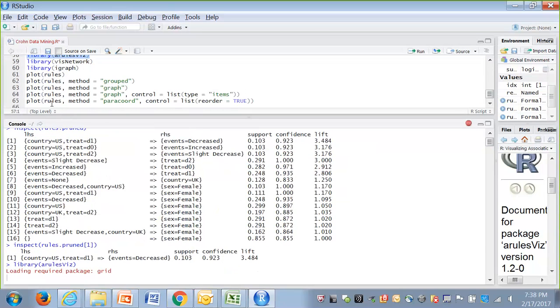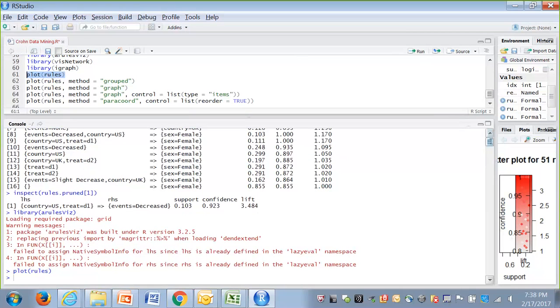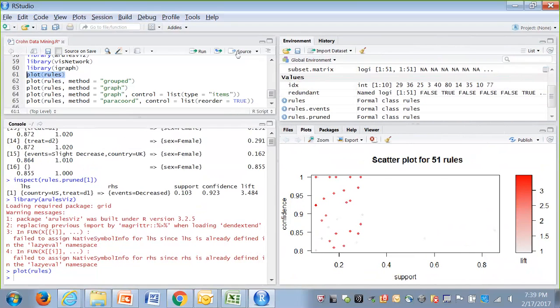The first graph we're going to run, we're going to plot our rules. So here we go. You'll see two things here: where the support level is, and then the confidence. And that's quite important when you're looking at your data. This is basically the subset of rules that you're graphing, right?